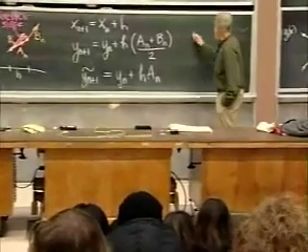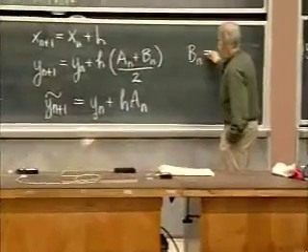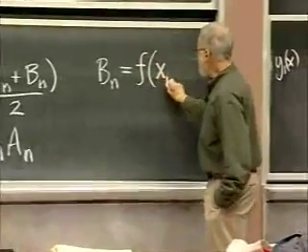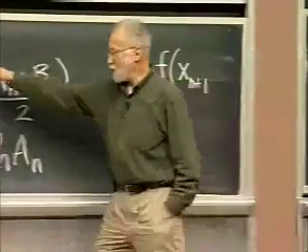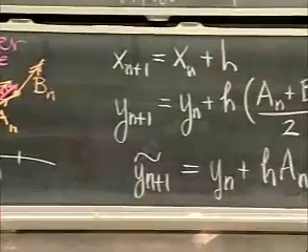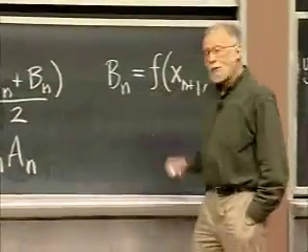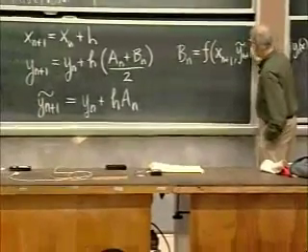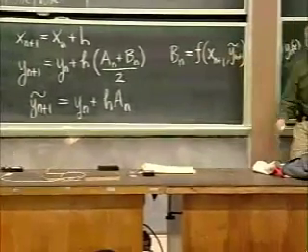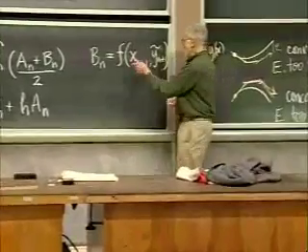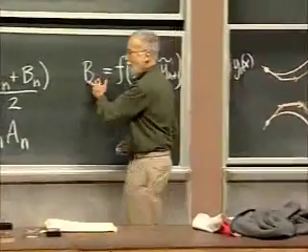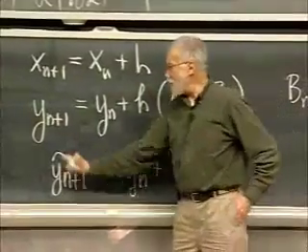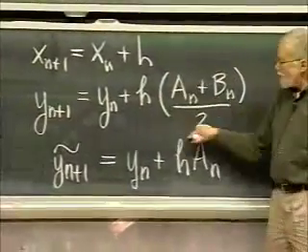Okay, bn is the slope of the direction field at the point xn plus 1 and this point yn plus 1 temporary. So you make a temporary choice of this, calculate that number, and then go back and, as it were, correct that value to this value by using this better slope.